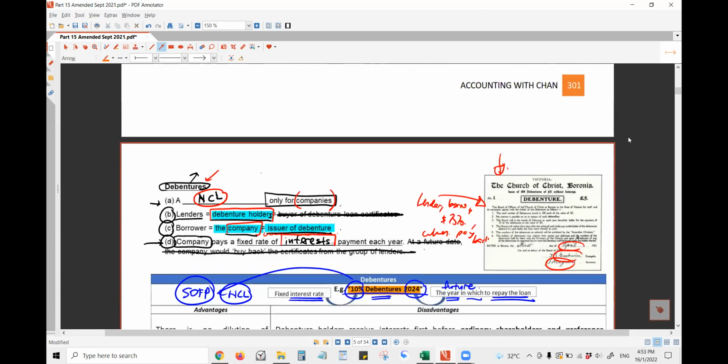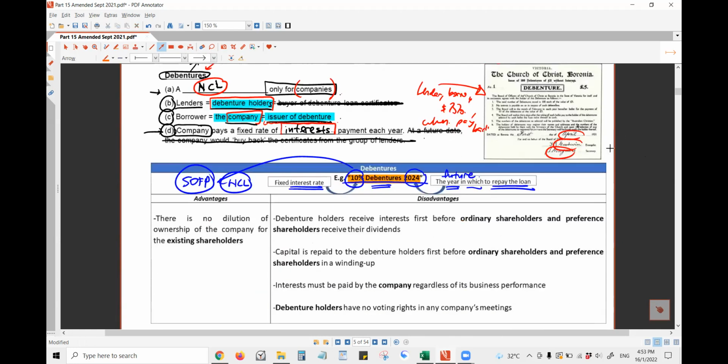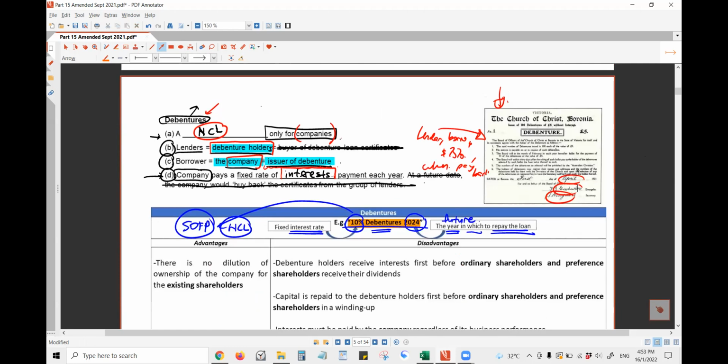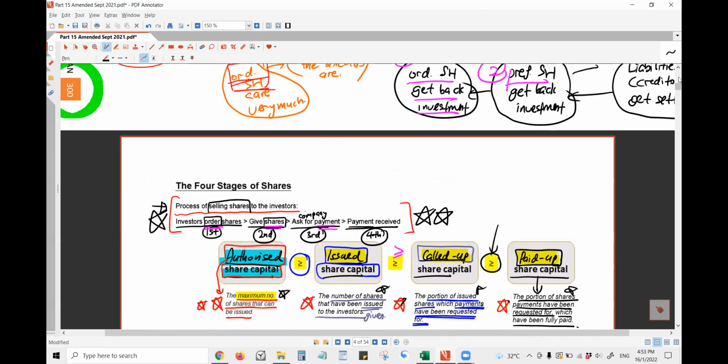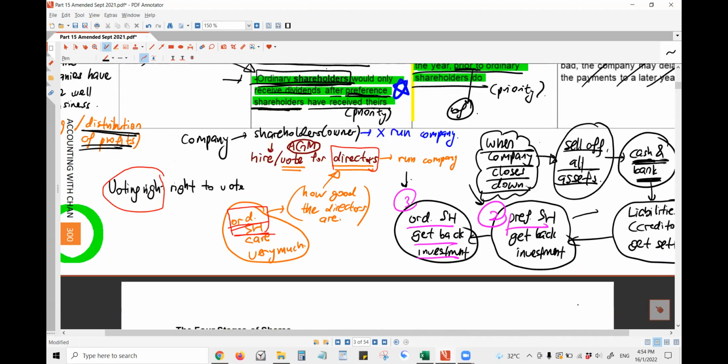I told you that debenture is a non-current liability, and debenture holders are the creditors. The company owes the debenture holders money. That's why you can call the debenture holders creditors. Remember about the priority in getting back the money when the company closes down?